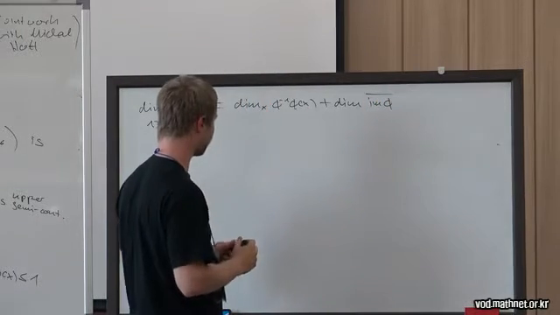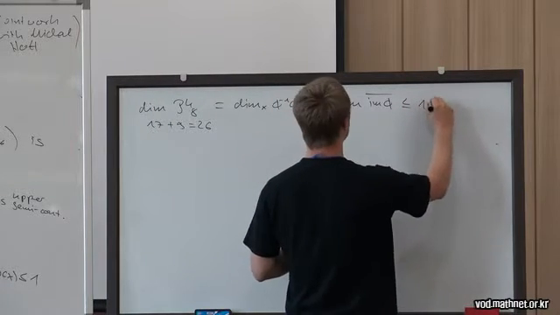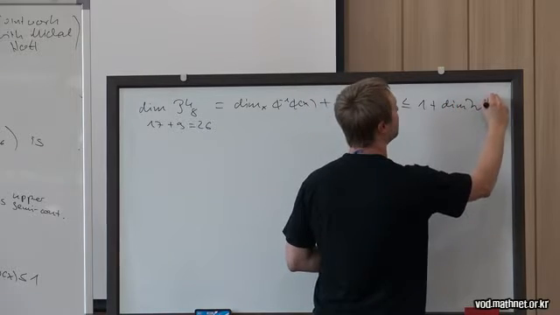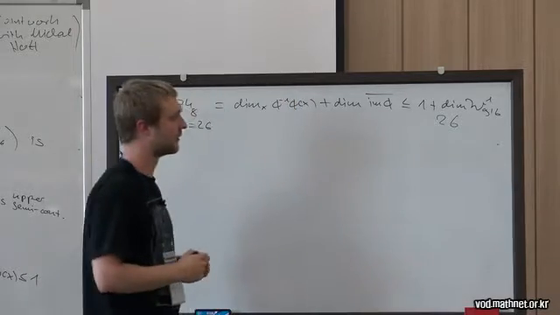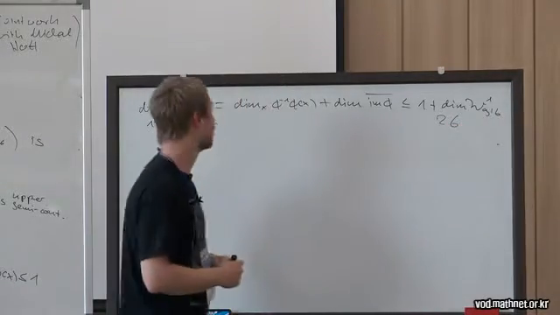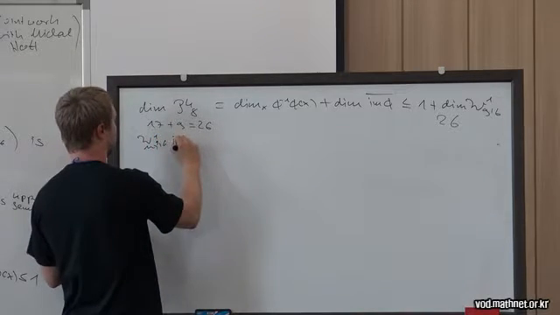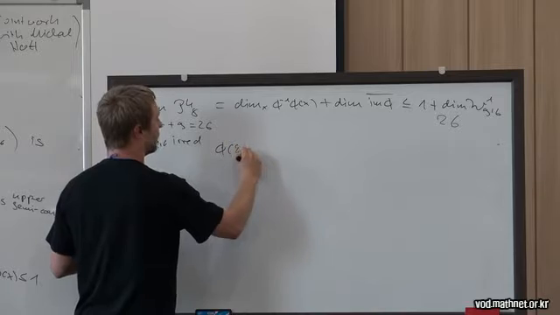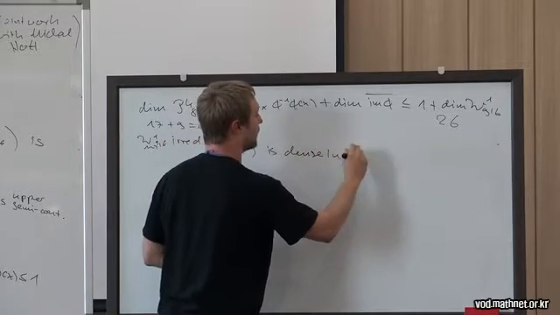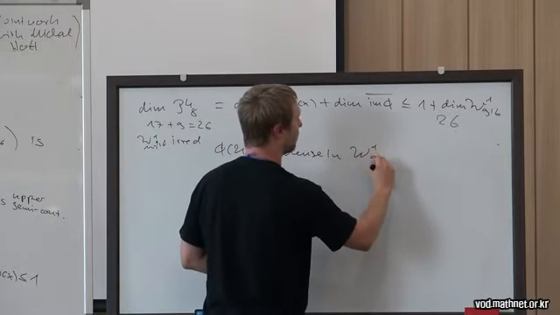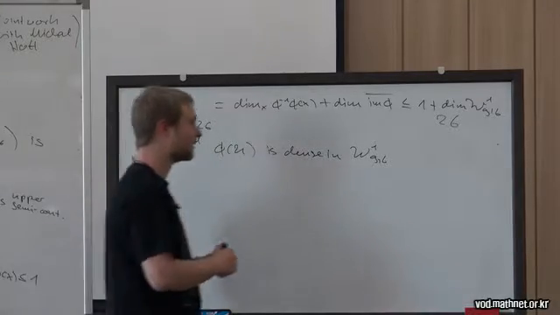Okay, and this is certainly smaller or equal than 1 plus the dimension of W196, which also turns out to be 26-dimensional. And since this guy here is irreducible, we get that phi of U is dense in W196.